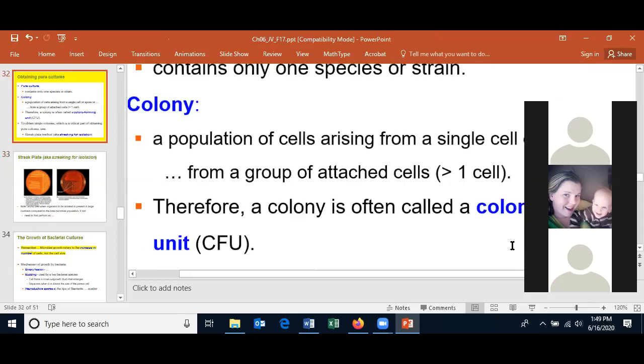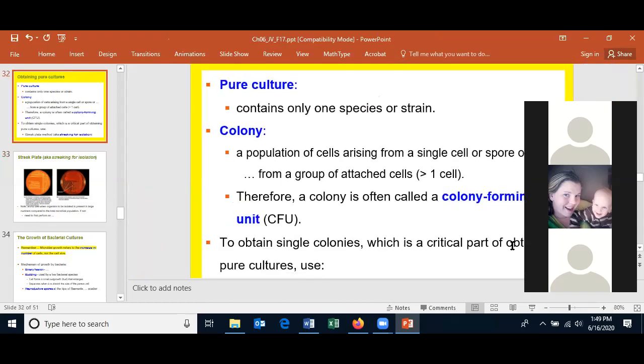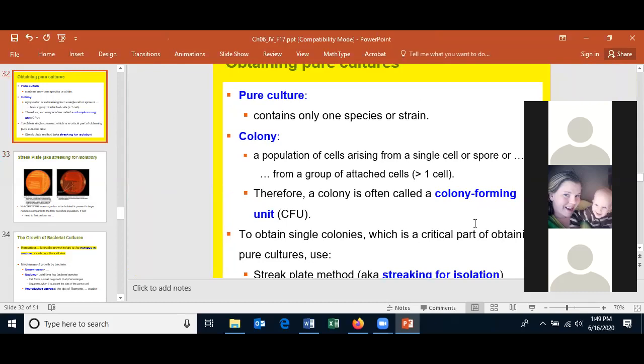So we say that colonies are formed by a colony forming unit, meaning that they were formed by at least 1 cell, but they might have been 2 cells stuck together and maybe even more than 2 cells. But a colony is formed by a colony forming unit.